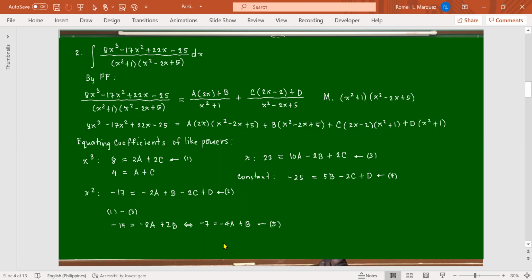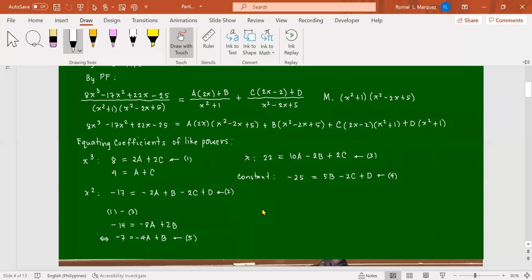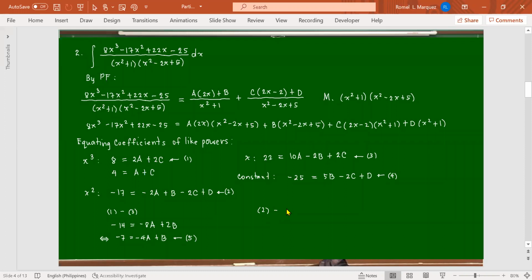So let's work on equations 2 and 4. What is a better operation? Difference again. So this is 2 and 4: negative 17 minus negative 25, that is 8.